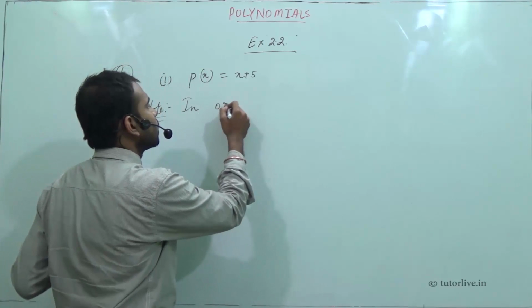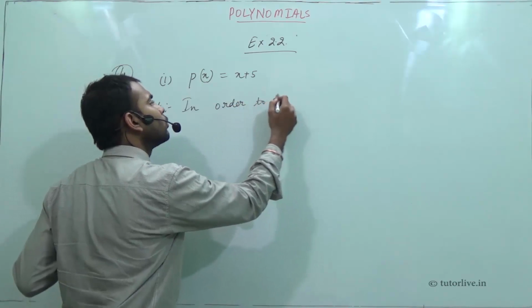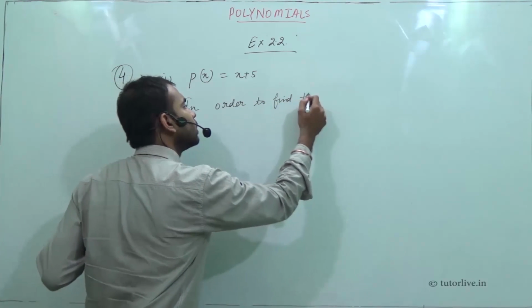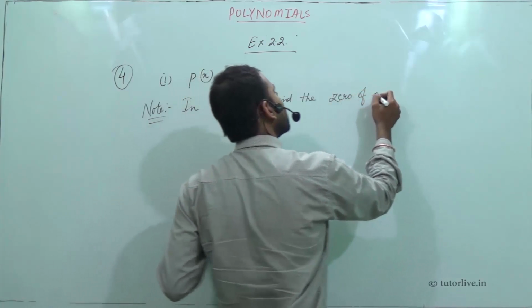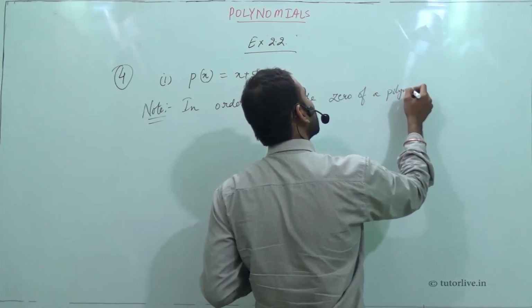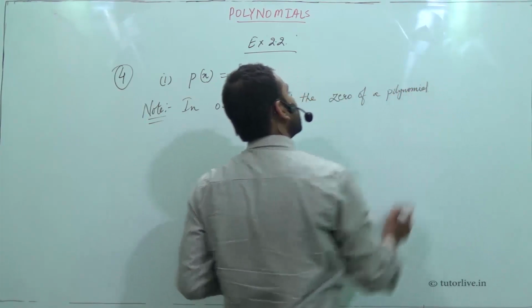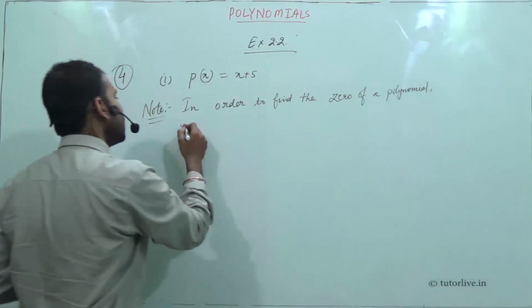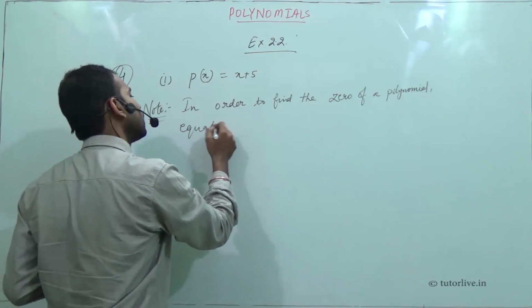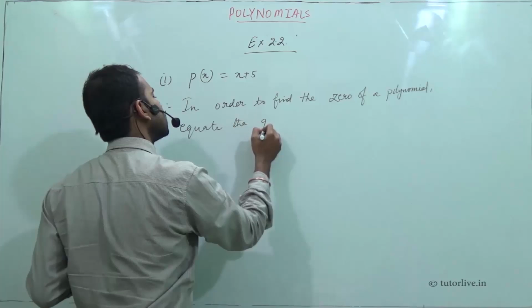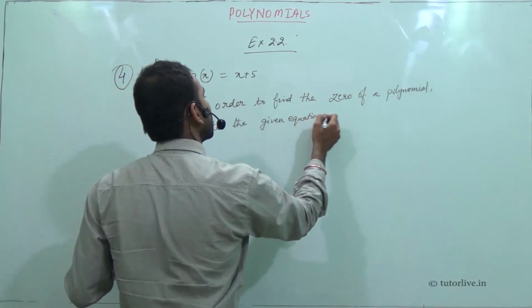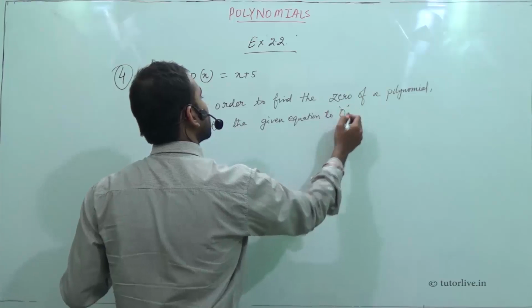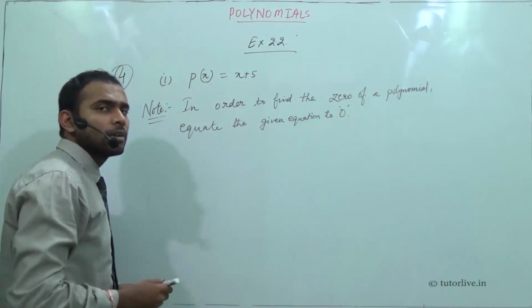In order to find the 0 of a polynomial, equate the given equation to 0. You'll get the value of the variable.